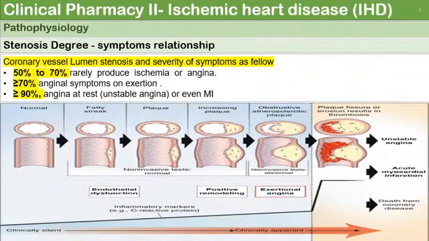Generally, angina pectoris symptoms may appear when the lumen patency is reduced by 50%; they start to appear, but only mildly, and when the patency of the vessel is reduced by 50 to 70%, okay, on severe exertion only, these symptoms will appear.